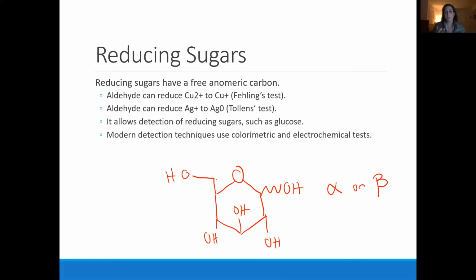Because this is variable, because this can happen in either way, sometimes we just draw this OH again with a squiggly line just to say it could be either. You might be given a drawing where it is up or it is down and asked to assign its name as alpha or beta. If it doesn't have an up or down positioning, you don't assign an alpha or beta to its name.